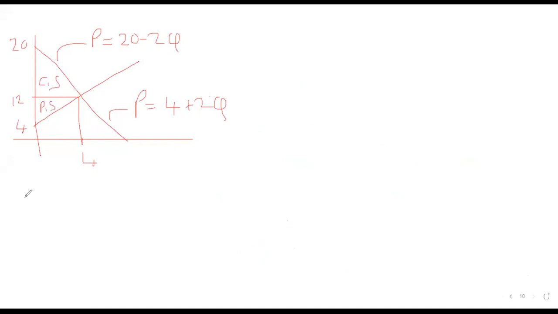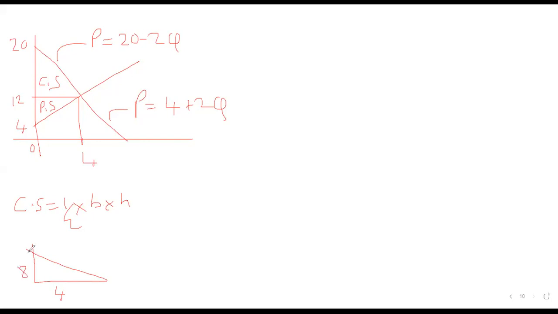So how do we calculate the consumer surplus? Half times base times height. So if we're redrawing it, what is our base? From here to here, 4. The height from here to here is 8.